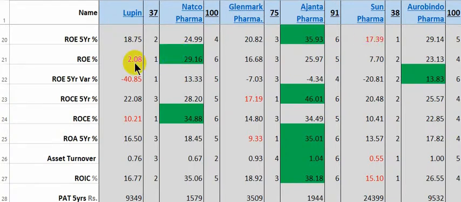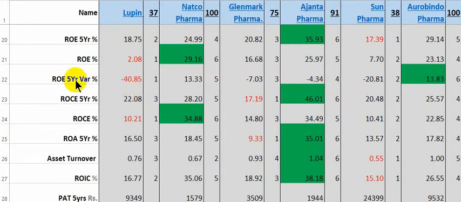The recent ROE was worst for Lupin, earning just 2% on the shareholders' money, and Natco Pharma performed the best at 29%. Looking at the 5 years growth rate in the ROE, Lupin performed the worst. From where it was 5 years ago, it has fallen at the rate of 40%. And the best performing was Aurobindo at 13%.